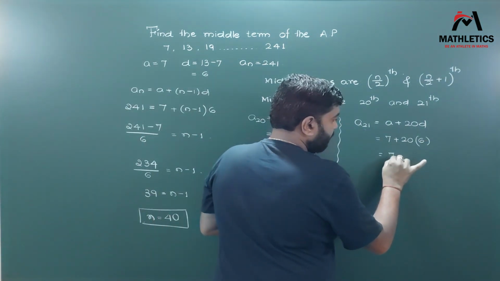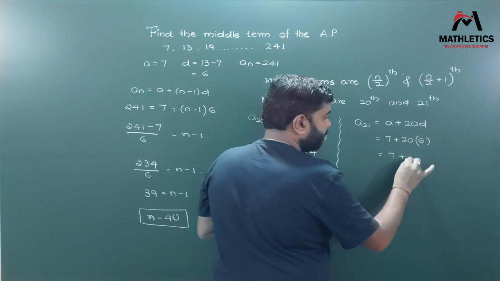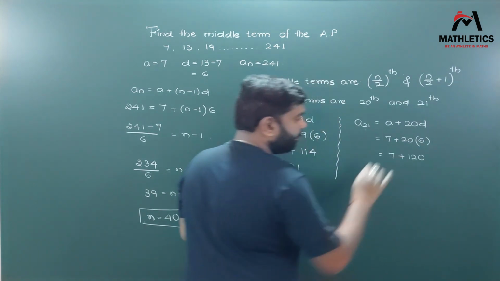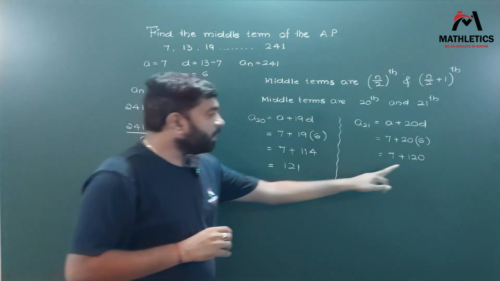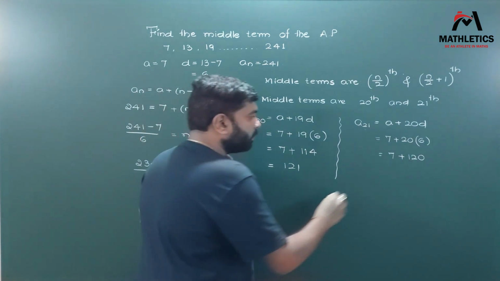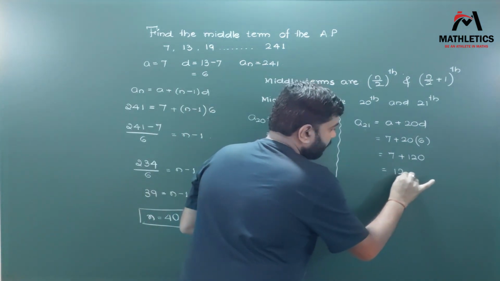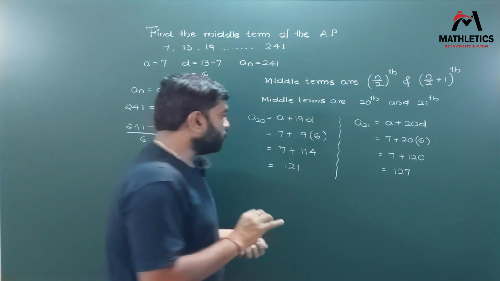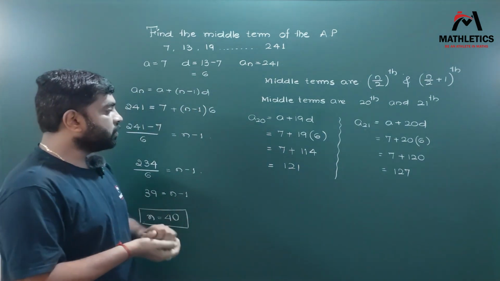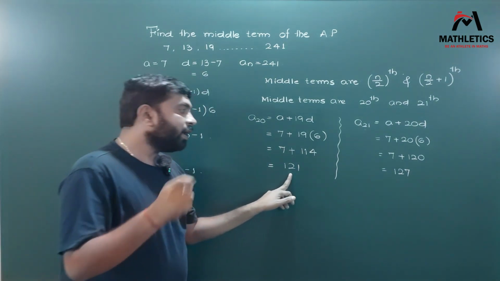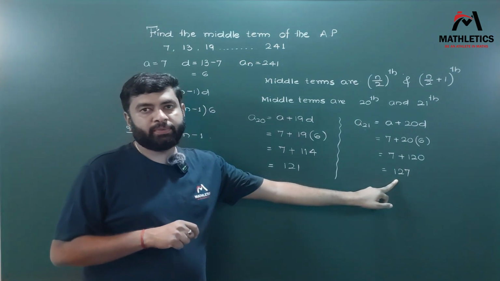So 7 plus 20 into 6, 120. So 120 plus 7, total 127. So totally there are two middle terms. One is 121 and another one is 127.